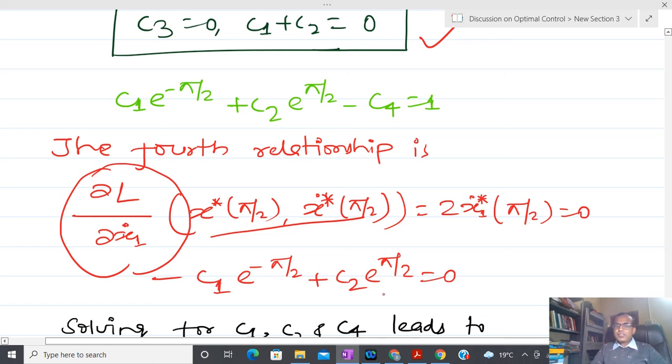Suppose I have some term like x1, x2 multiplied by x1 dot. Suppose I have this kind of term in some situation, then what happens? If you take the partial derivative with respect to x1, then x2 will also appear, no?